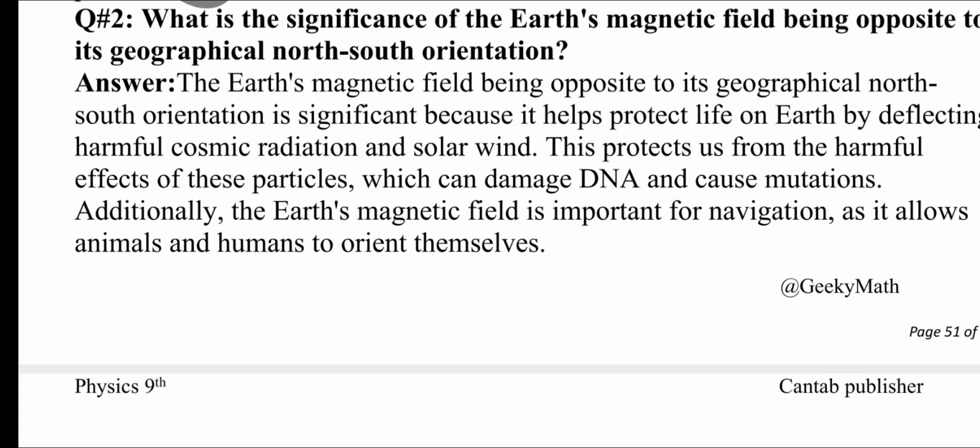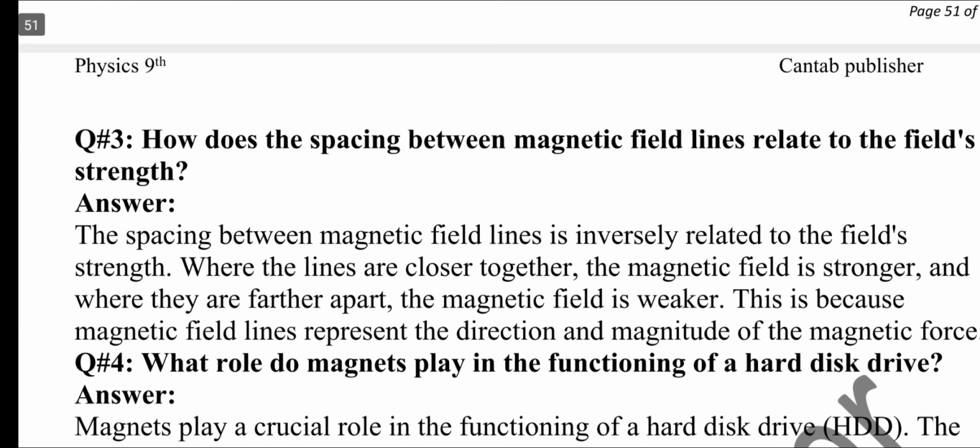This protects us from the harmful effects of these particles, which can damage DNA and cause mutations. Additionally, the Earth's magnetic field is important for navigation as it allows animals and humans to orient themselves.